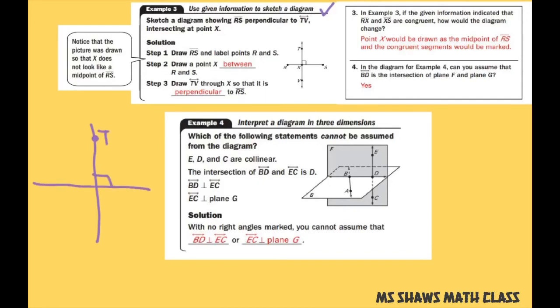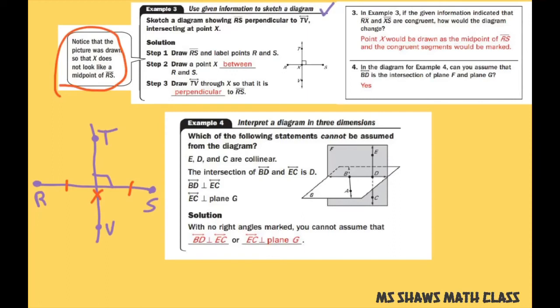We have T, V, S, and R. And they didn't draw it to look like a midpoint. So for RX, this is X here, then you would have to mark this as congruent like that. Then that would tell you it's congruent.